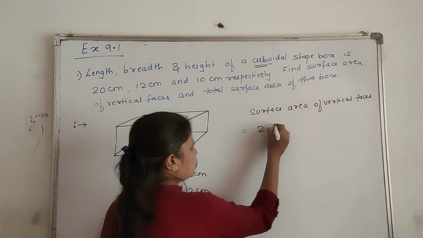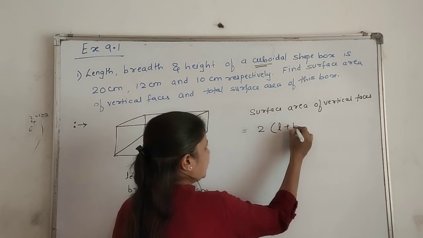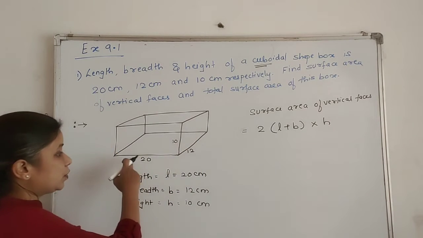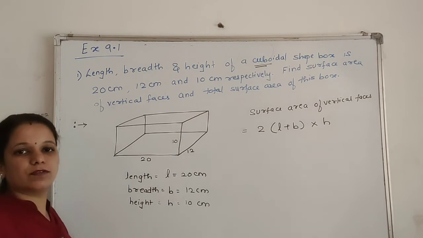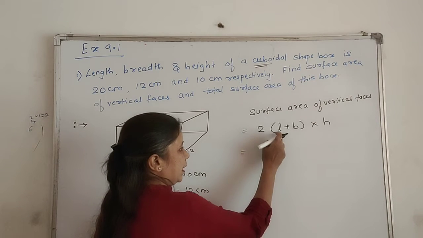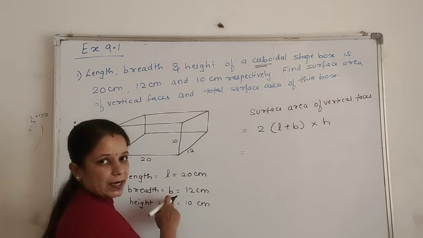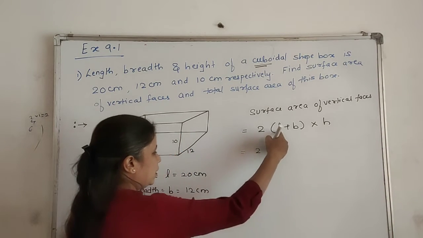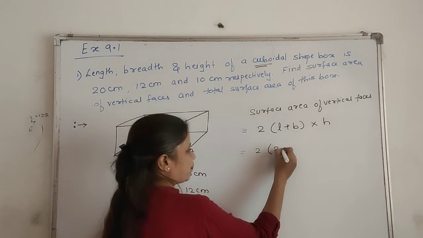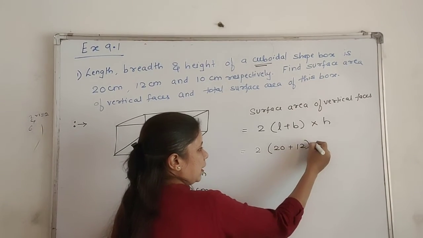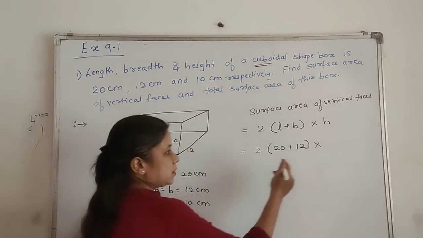It is 2 (L plus B) into H. The shape is cuboid, so we will refer to all the formulas of cuboid. So now L means length, B means breadth, H means height. We will quickly fill the values here. L, it is 20. B, it is 12, into H, it is 10.